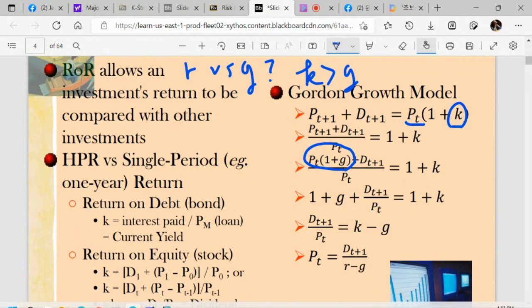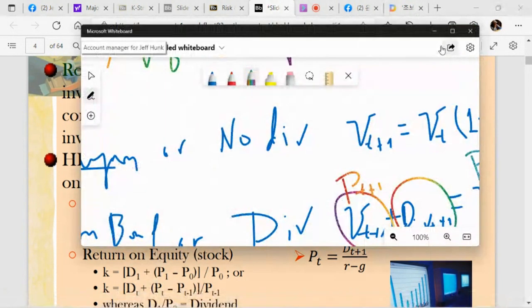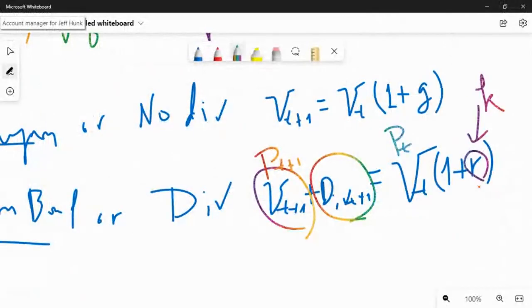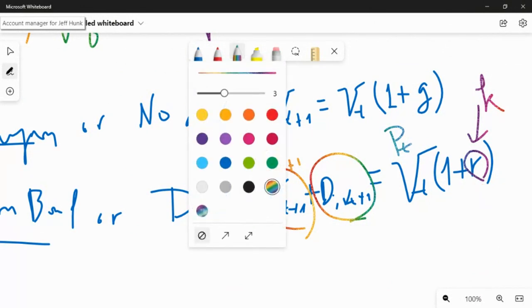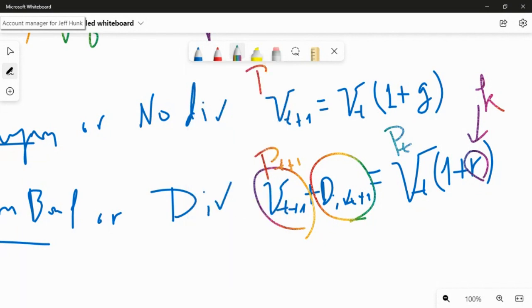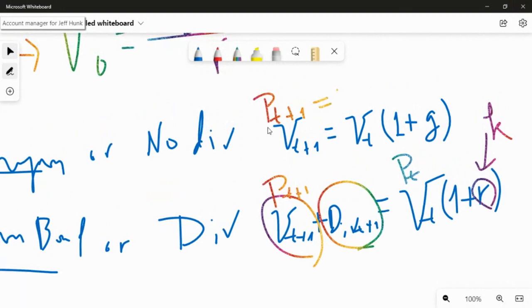Just the growth rate. If there's no dividend, it's just growth, right? It's just growth.